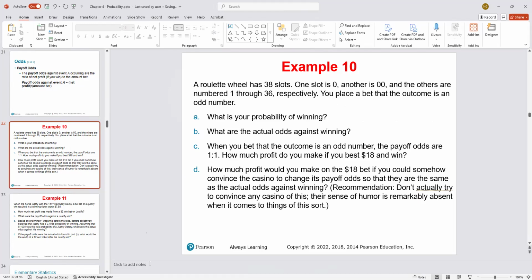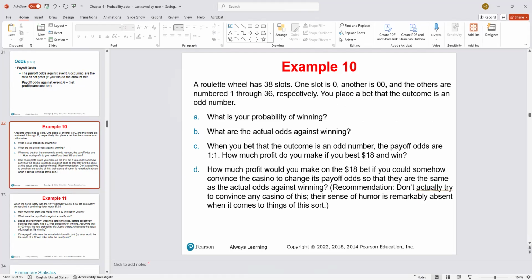You place a bet that the outcome is an odd number. So if you take 1 to 36, how many odd numbers do you have? Remember odd, even, odd, even, odd, even?